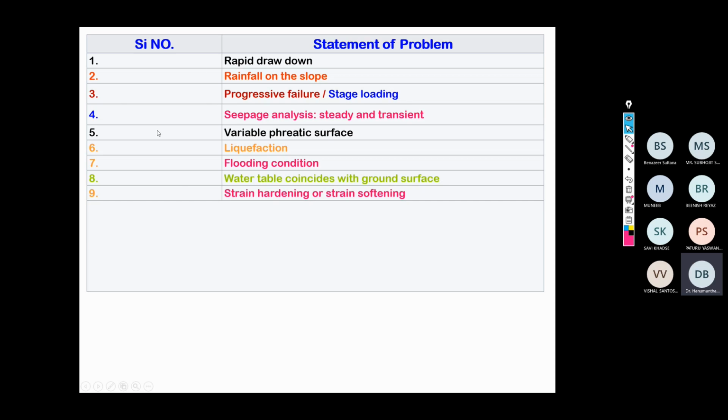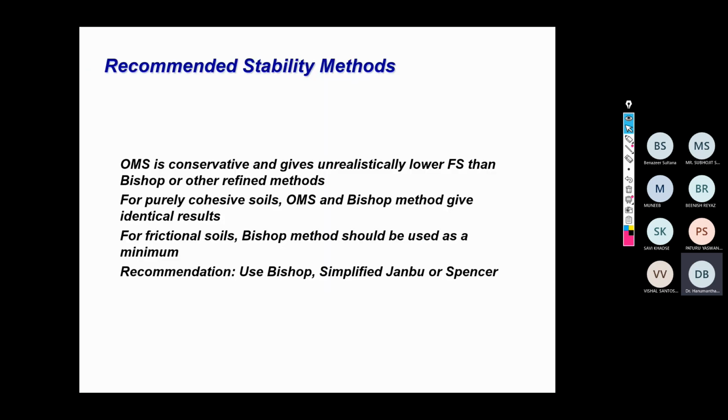So we do not know which one is the actual cause for the failure of the slope. Any one factor or even multiple factors could contribute to the failure of the slope.